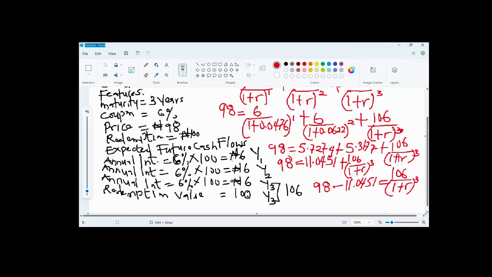The difference is 98 minus 11.045, which is 86.9549.